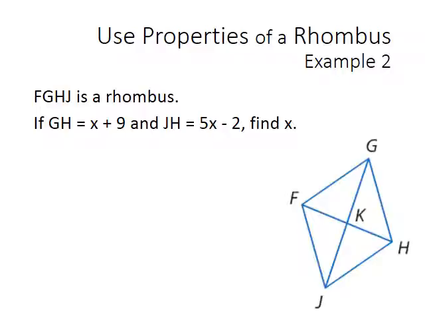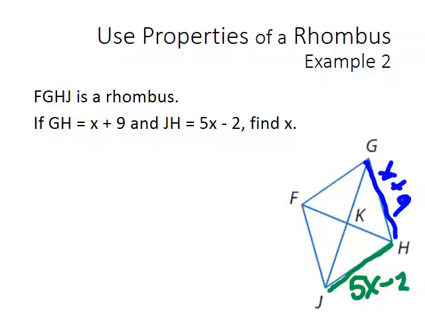All right, another use for properties of a rhombus. We can find missing variables using parts that we have. So we are given GH. Let's highlight that, GH. So that's a side of the rhombus. That's x plus 9. And JH, another side, is 5x minus 2.